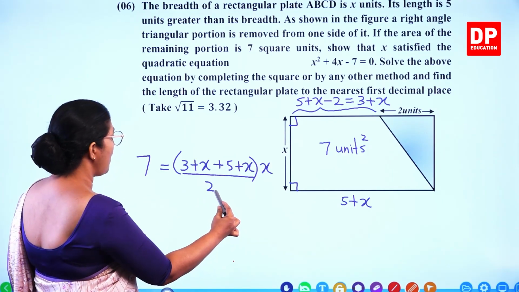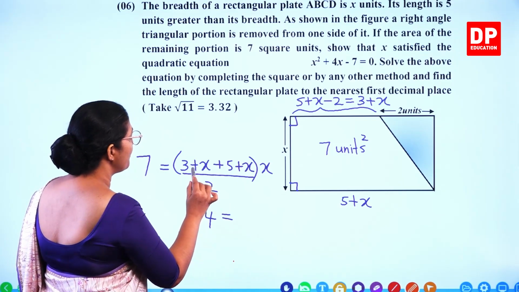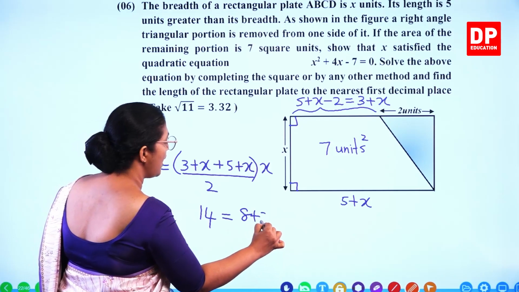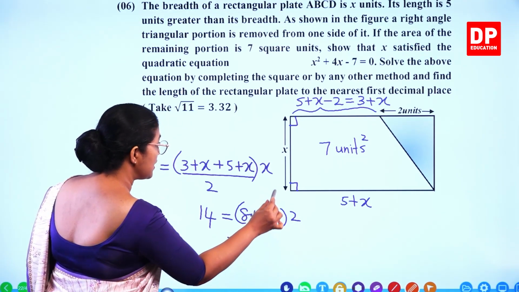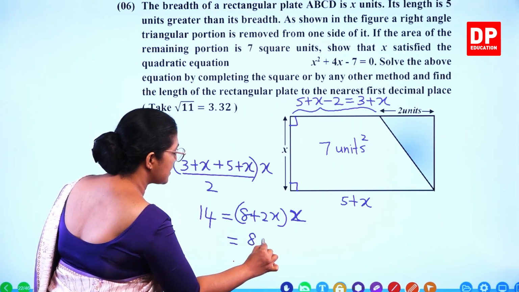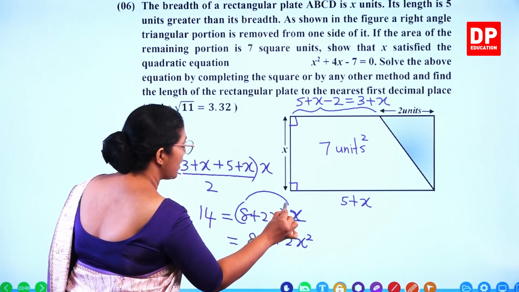Now, let's simplify. 7 times 2, 14 is equal to, inside you get 5 plus 3, 8 plus 2x multiplied by 2. That means multiply by x. So, you get 8x plus 2x squared when you open brackets.